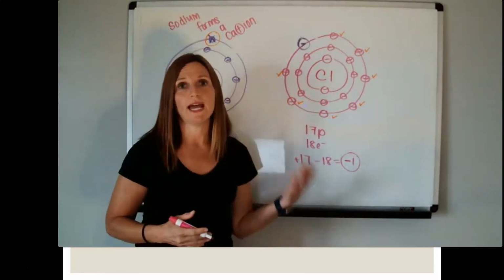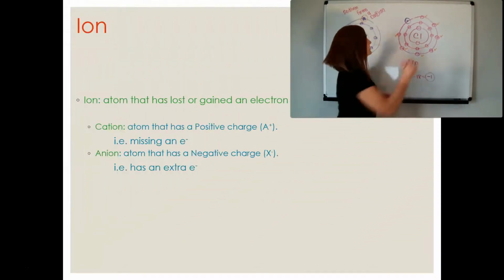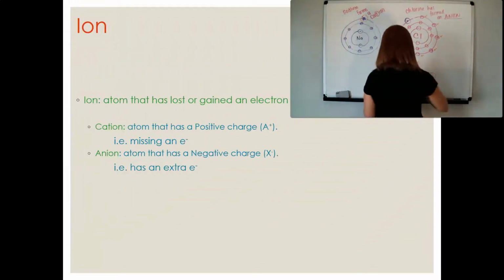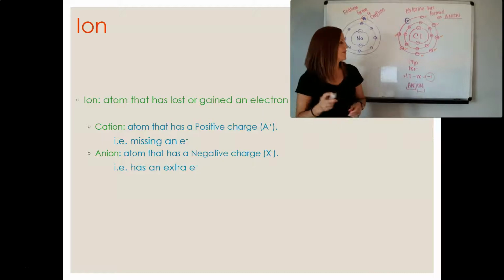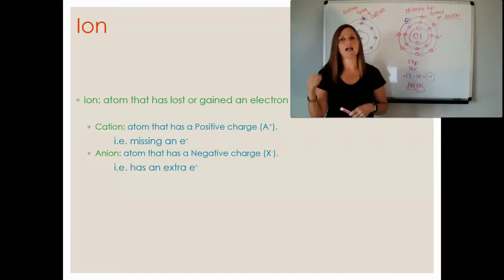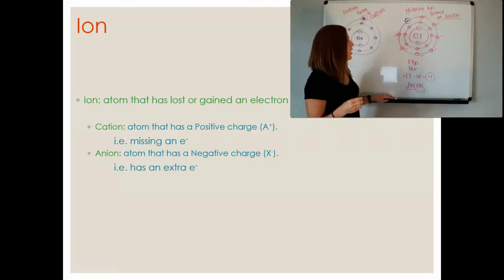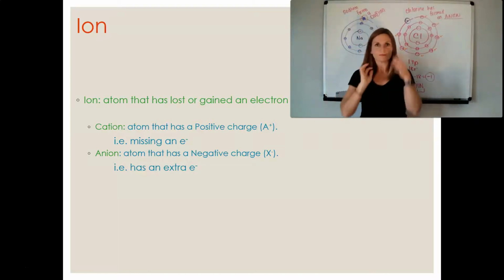So chlorine has formed an anion. Anions, also a compound word, not an anion, but an anion. All right, so these are the two things that elements on the periodic table want to form.